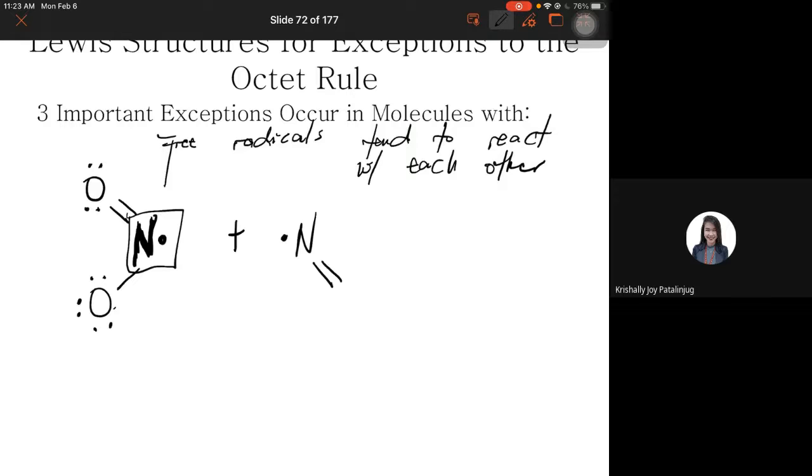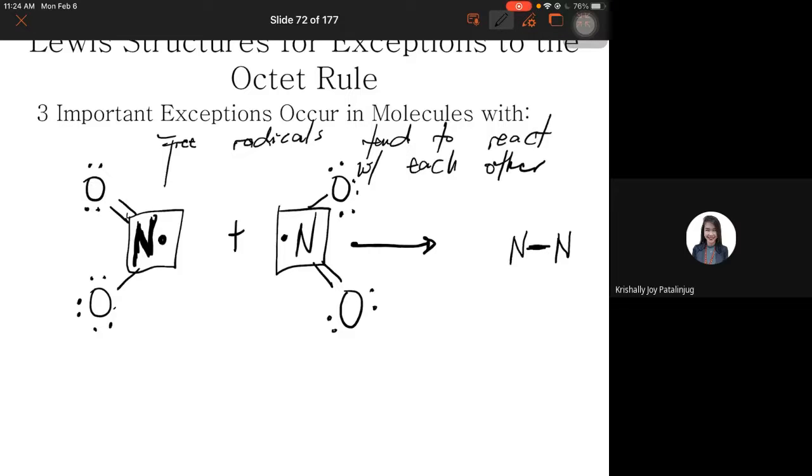So let me do the other Lewis structure or resonance structure ng nitrogen dioxide. So let's say nasa baba naman yung double bond towards oxygen, then yung nasa taas yung single bond towards oxygen. So again, para ma-attain ng mga central nitrogen atoms na to yung stable state, they will just react, forming a nitrogen single bond to a nitrogen.